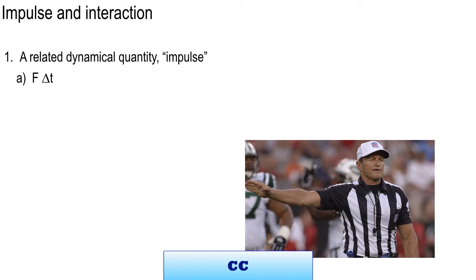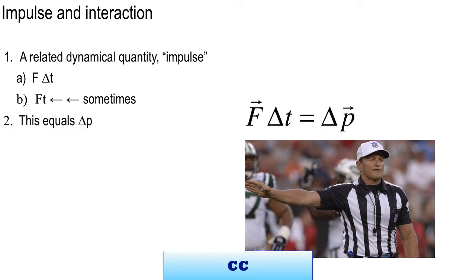All right, so this quantity that we just put together kind of on a lark, in other words, just by noticing that F and delta T's are equal for the skateboarders. That's known as the impulse. Sometimes you see it as F times T. And that equals delta P. And so here's the equation.